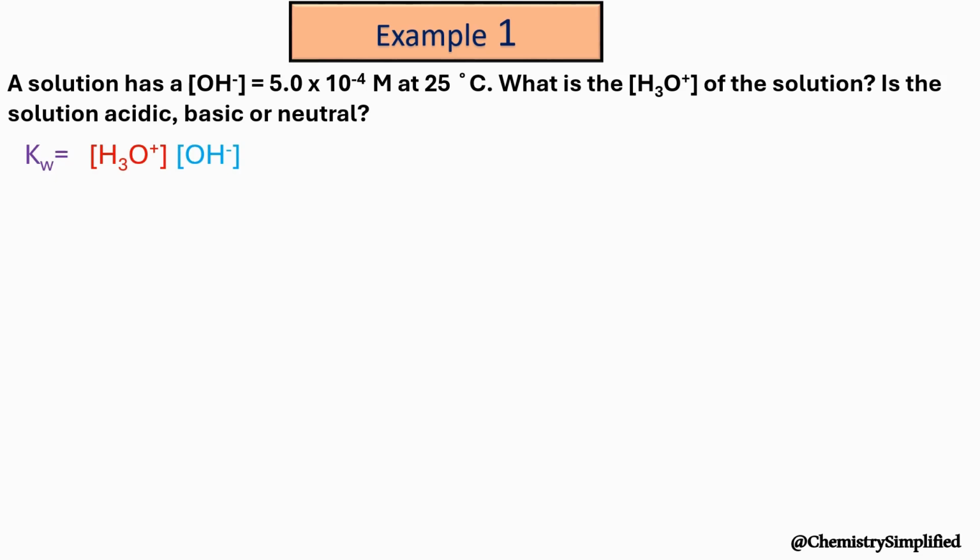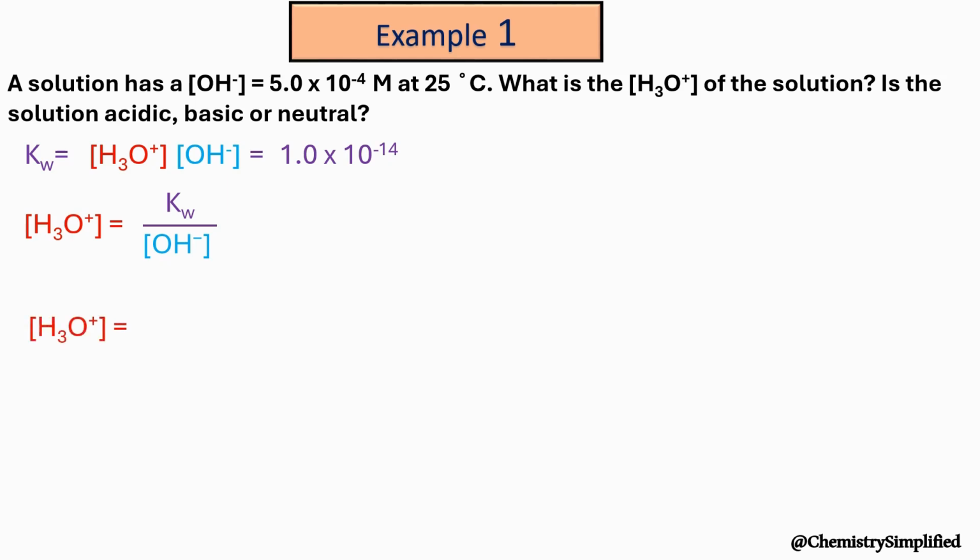We know that Kw is equal to hydronium ion concentration times the hydroxide ion concentration, and Kw is also equal to 1.0 times 10 to the negative 14. If we rearrange the equation, we get hydronium ion concentration equal to Kw over hydroxide ion concentration.